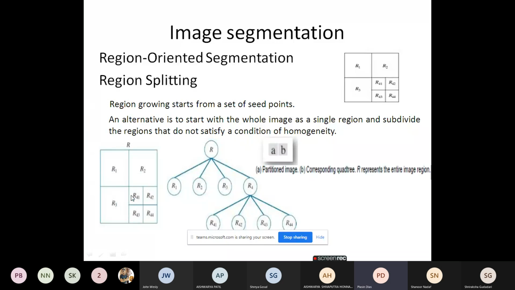Here R represents the entire image region, and you have to select a predicate Q. One approach for segmenting this R is to subdivide it successively into smaller quadrants. So what is the condition you are trying to use? Your Q of Ri should be true. If Q of Ri is false, again you have to divide the image into quadrants. That is the condition.